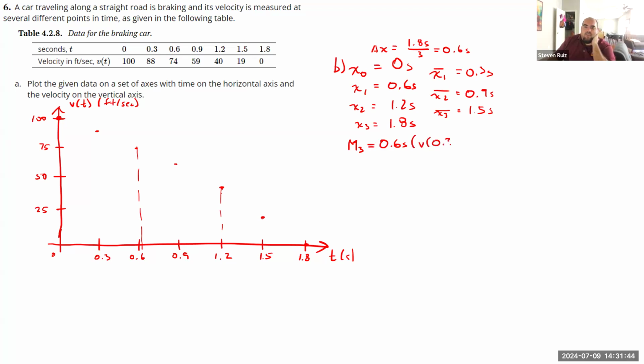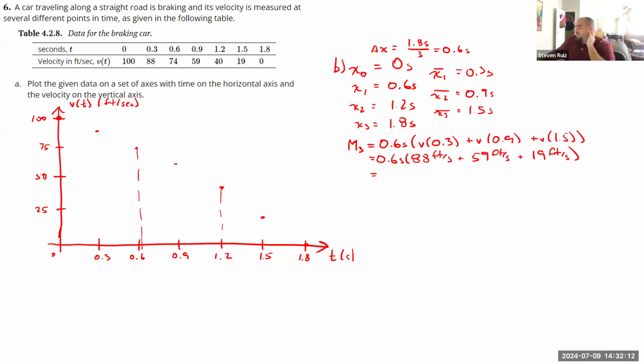V of 0.3, V of 0.9, and V of 1.5. So that equals 0.6 seconds times, what's the velocity at 0.3? 88 feet per second. The velocity at 0.9 is 59 feet per second, and at 1.5, 19 feet per second.